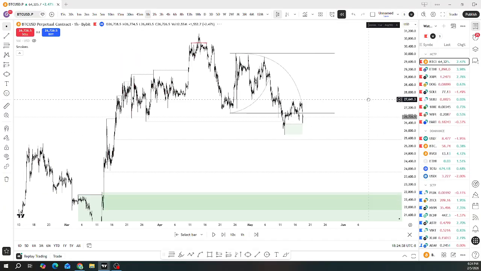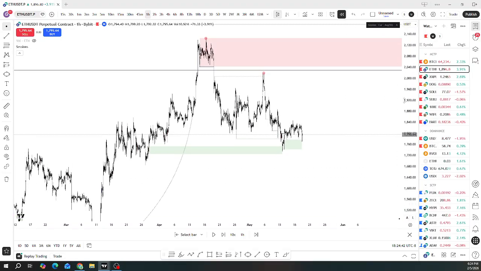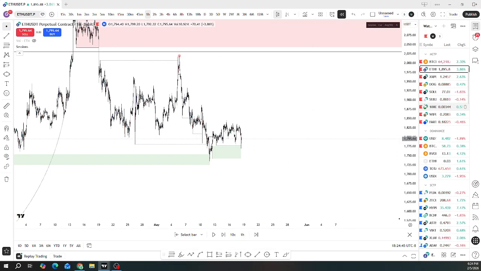Chart definitely looks a lot cleaner if I do that. You know, that perspective on ETH.